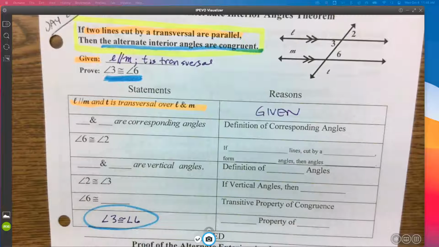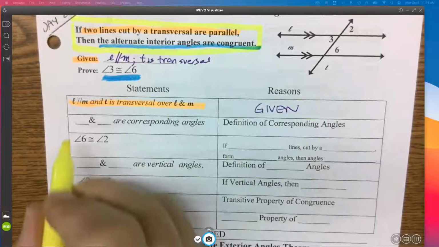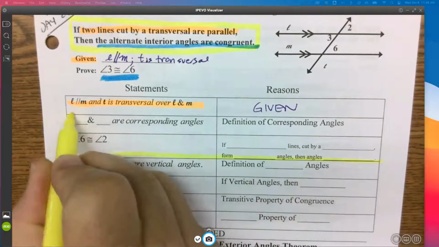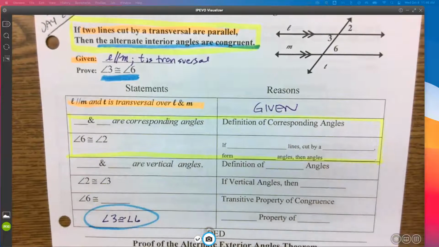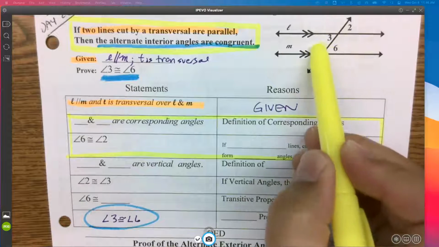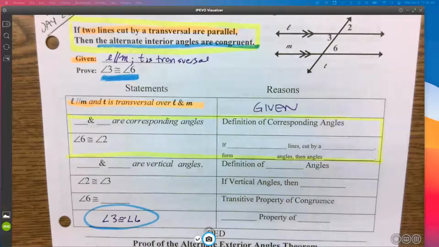Now, this is where you guys don't know what you're doing in doing proofs. I acknowledge that, but I'm going to walk us through that. This proof has really three parts. This is the first part. It's going to establish that we can get one of the angles from the North Shore and one of the angles from the South Shore to be congruent.